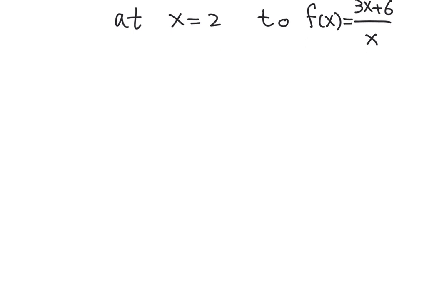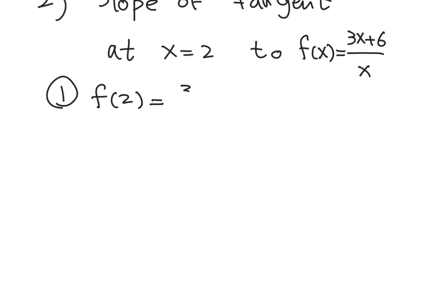Yeah, we use the same formula. Step number 1, you find f of 2. F of 2 equals 3 times 2 plus 6, you just plug it in, sub in your function. So f of 2 equals 6 plus 6 over 2 equals 6.